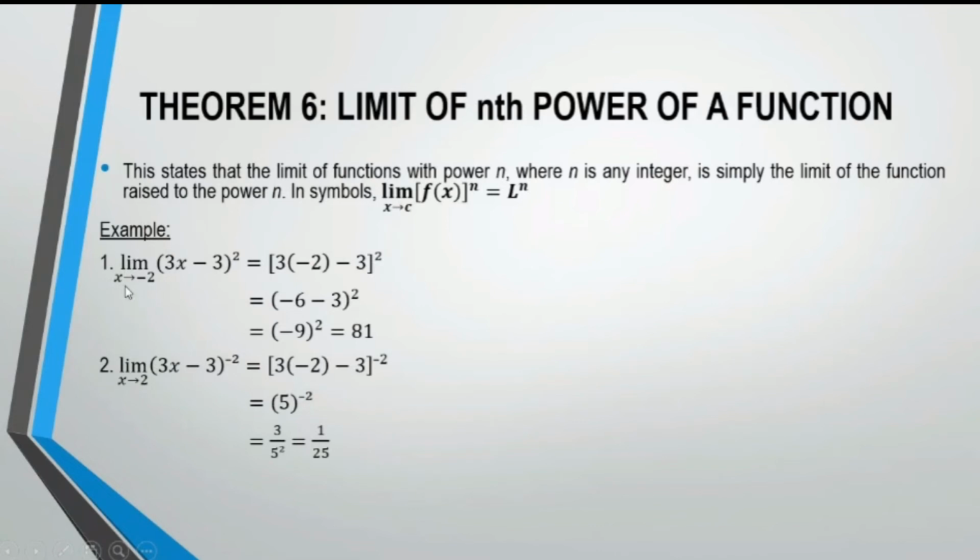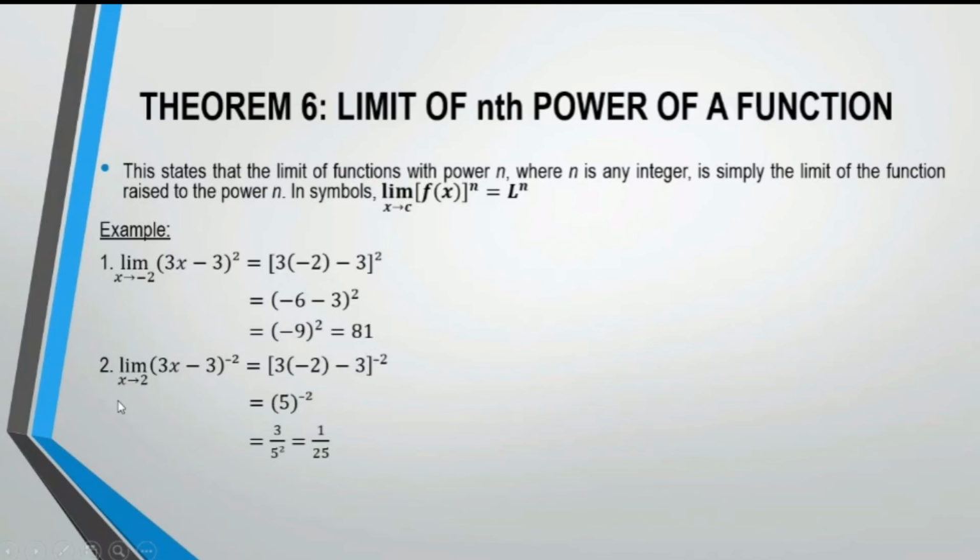Example number 1: limit of the quantity 3x minus 3 squared as x approaches negative 2 is the quantity of 3 times negative 2 minus 3 squared, then the quantity of negative 9 squared, which is equal to 81.